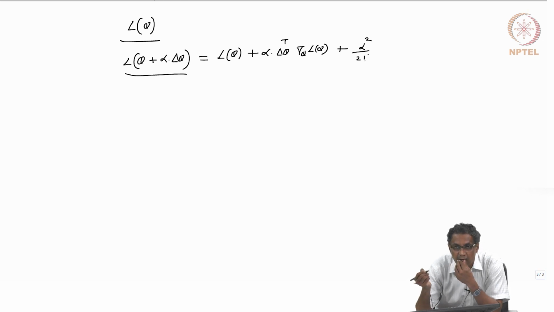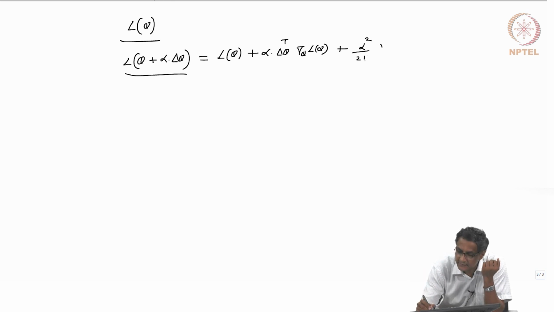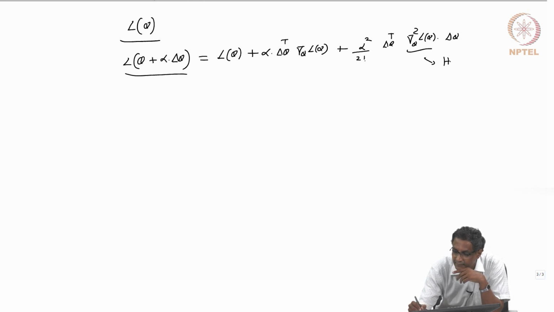Then delta theta transpose, then the second derivative of L theta, which I'll write as gradient square since we are already using that, and then delta theta. This is the Hessian of L theta.